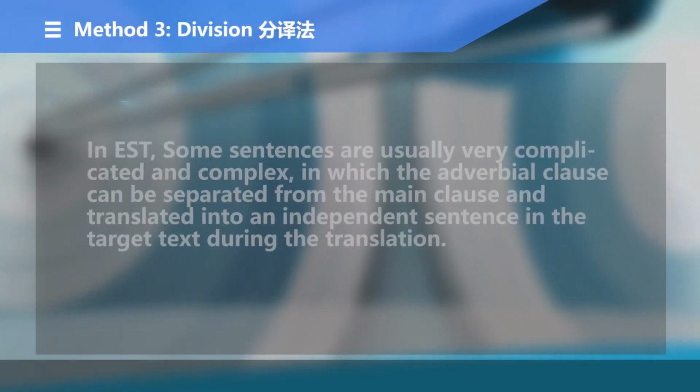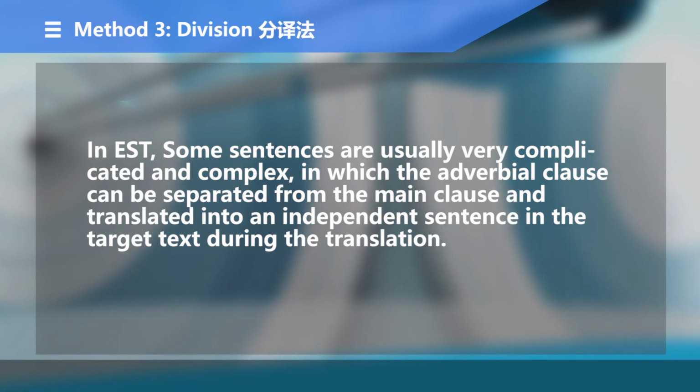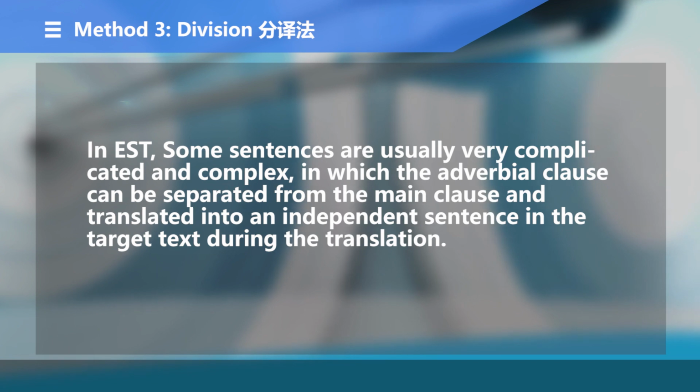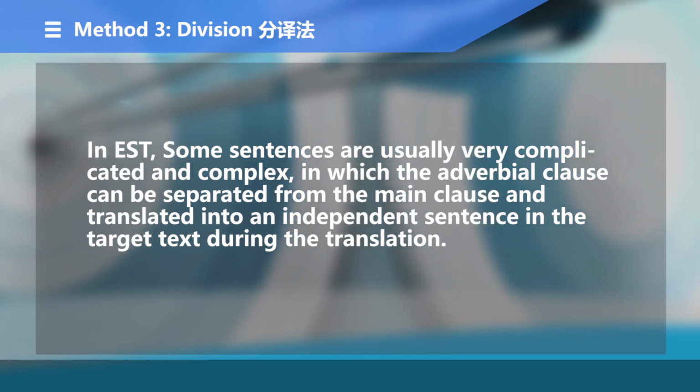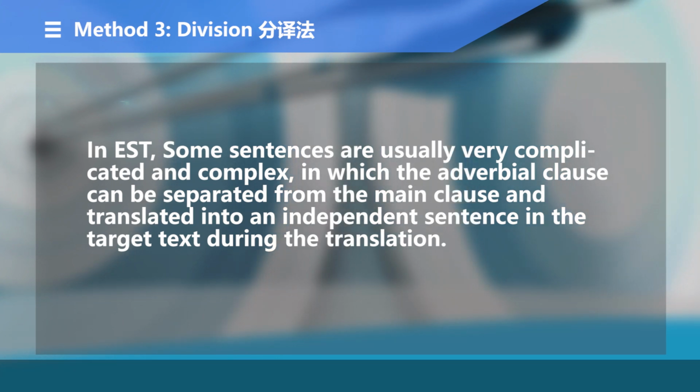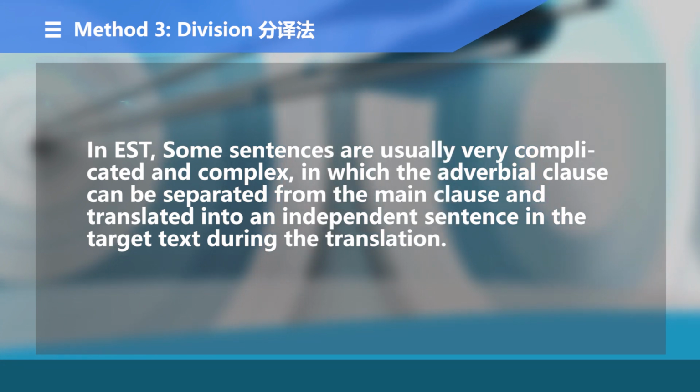Method 3. Division. In EST, some sentences are usually very complicated and complex, in which the adverbial clause can be separated from the main clause and translated into an independent sentence in the target text during the translation.